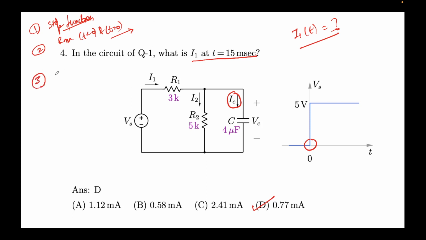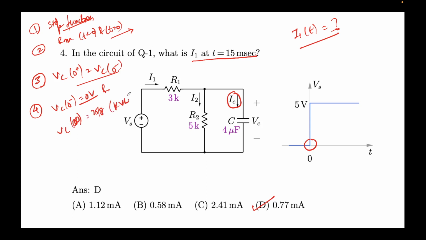Thirdly, we noticed that VC at 0 plus should be equal to VC at 0 minus, because voltage can't change abruptly. Fourthly, using this expression and the fact that originally VC at 0 minus was given to us as 0 volts, and VC at infinity, which we can derive using KVL, was 25 by 8. This we arrived at using KVL, right?